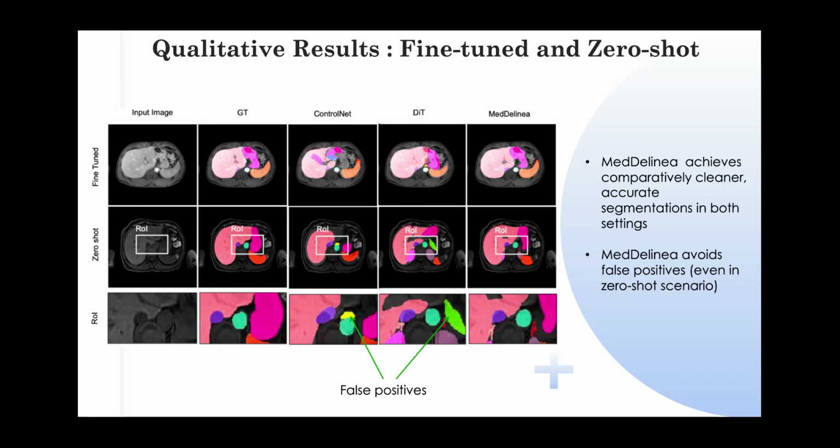But in the case of smaller organs, like the adrenal gland, or if we talk about the spine or pancreas, the most difficult one we observe is the pancreas. In that case also we have seen that we are getting proper boundaries. And in our GitHub we have also released the 3D.